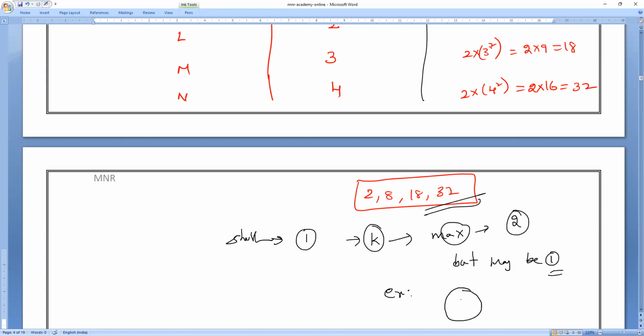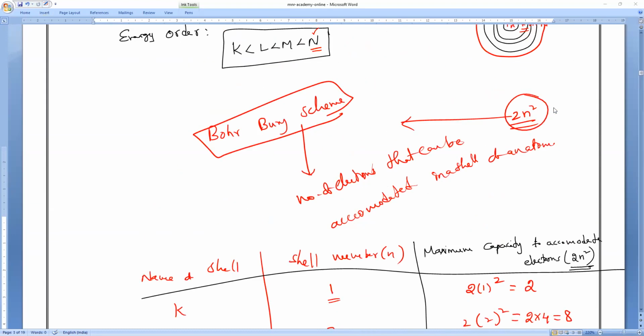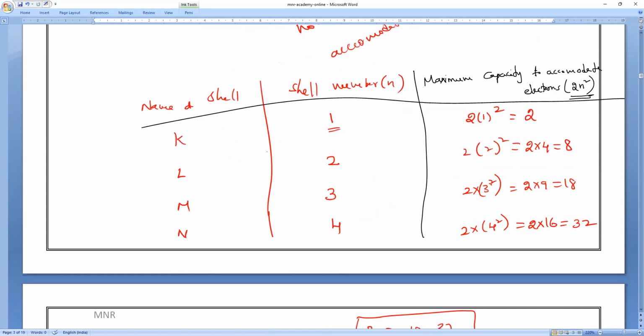In the nucleus, one proton is there, and only one electron is there. But we can accommodate 2. So 2n square, the Bohr-Bury scheme, gives you the maximum capacity of a shell, which is different from the number of electrons. Understand, everybody?